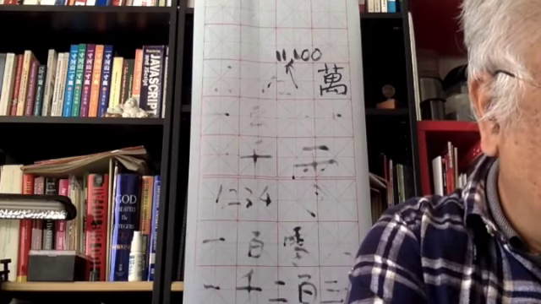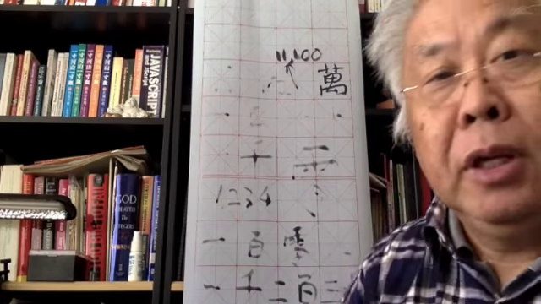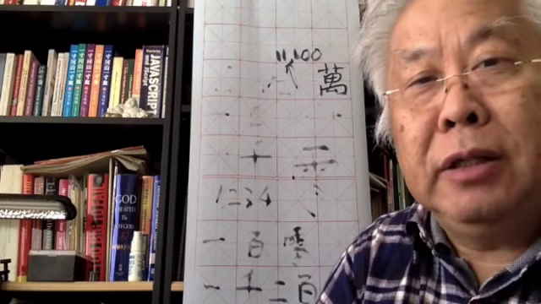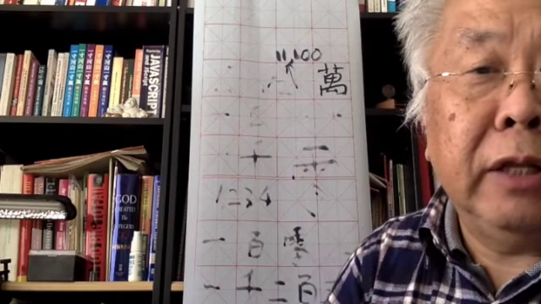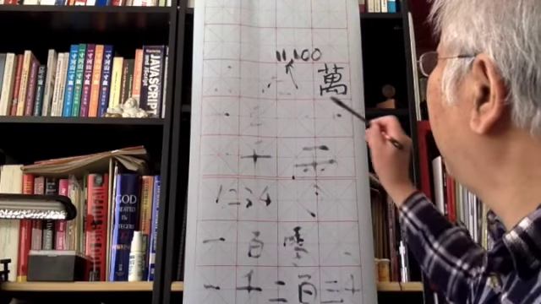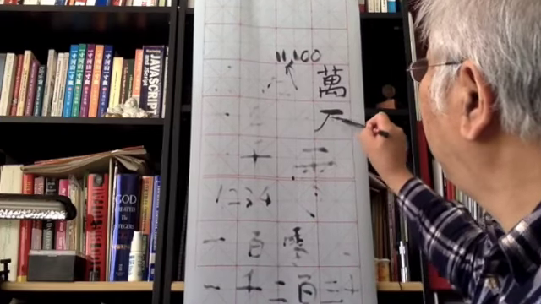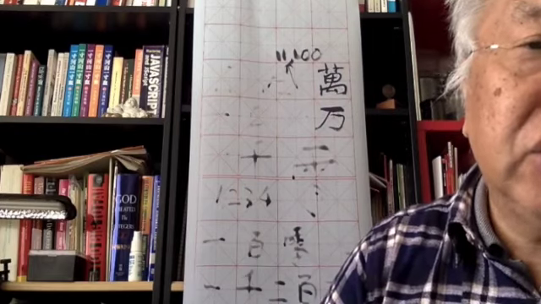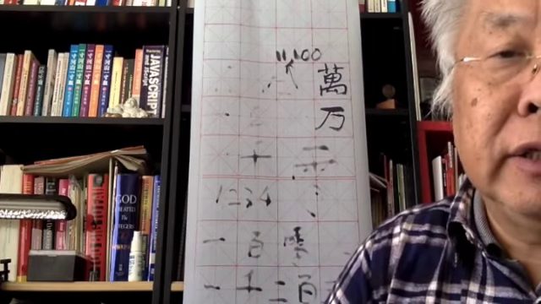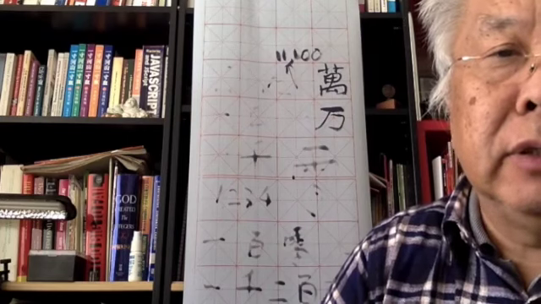It is a little bit complicated, isn't it? And the Chinese Communist Party gave us a simplified version of it. The simplified version is like this: a horizontal stroke, a slash, and then a hook. So that stands for 10,000.